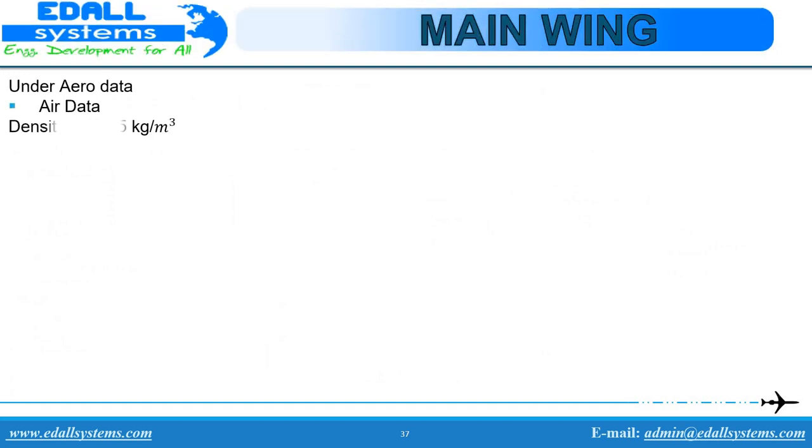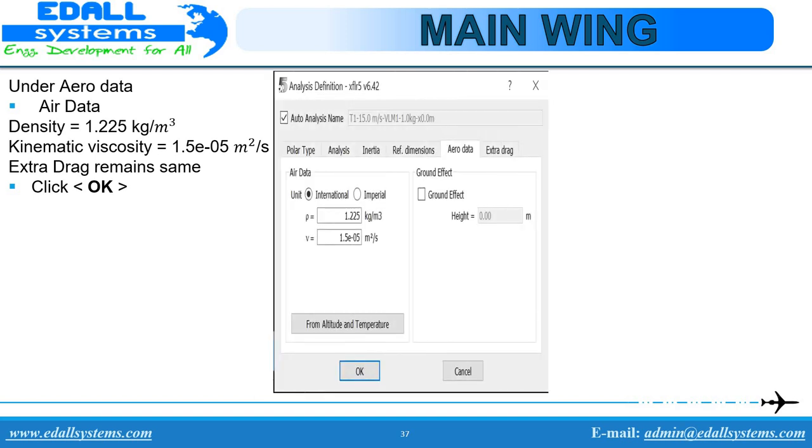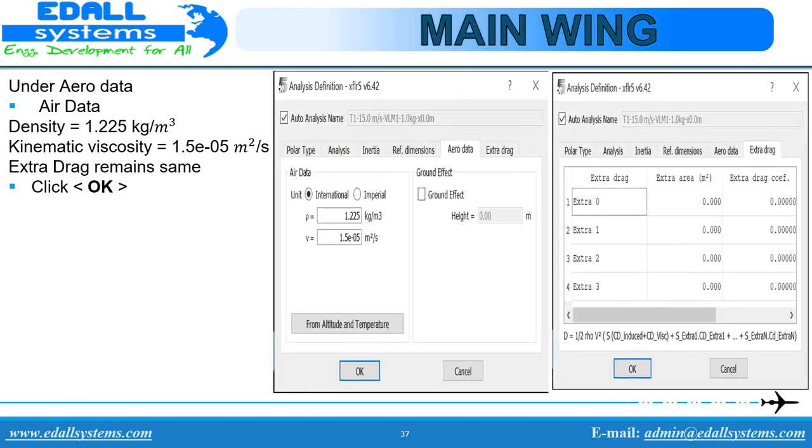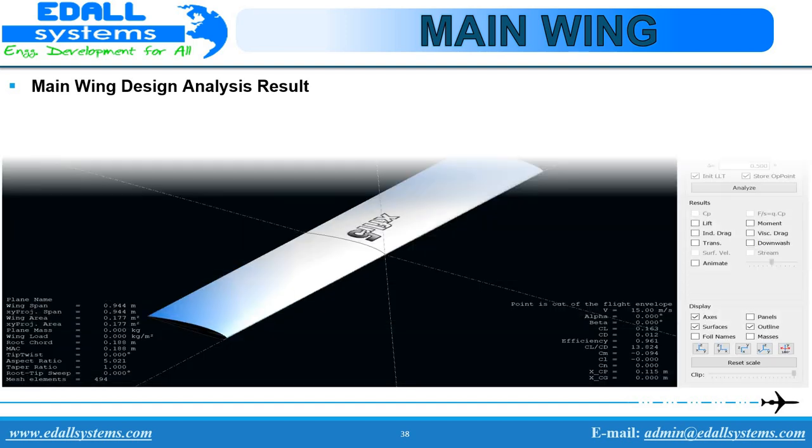Then under aero data, we have density as 1.225 kg per cubic meter, kinematic viscosity as 1.5e-5 square meters per second, and extra drag remains the same. Then we can click on OK. The main wing design analysis result will be like this.